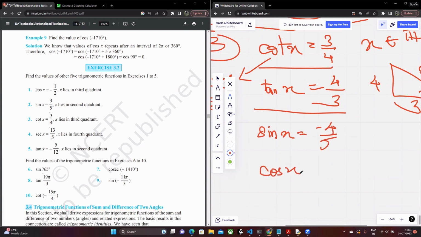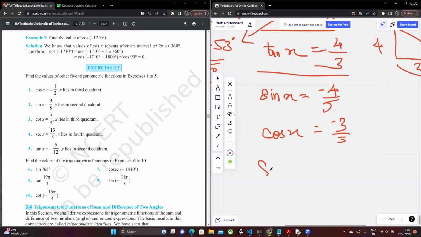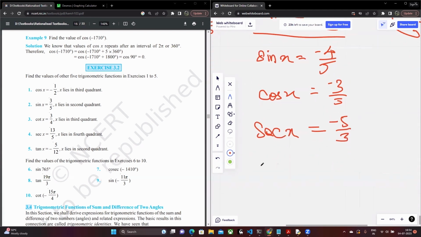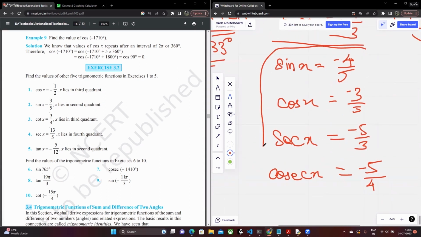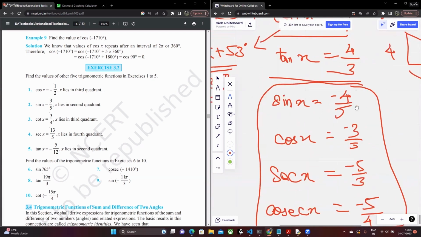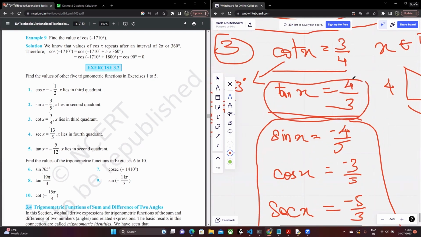Cos x is going to be equal to minus 3/5. Secant x is going to be equal to minus 5/3, and cosecant x is going to be equal to minus 5/4. Finally, you have tan x being 4/3.